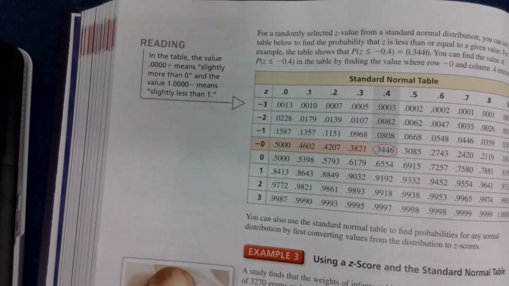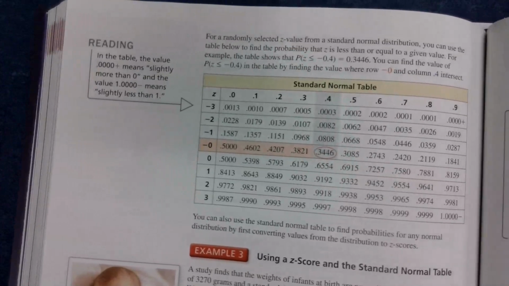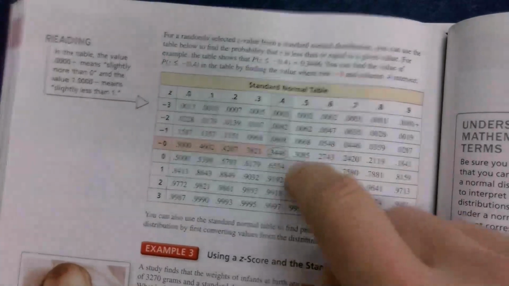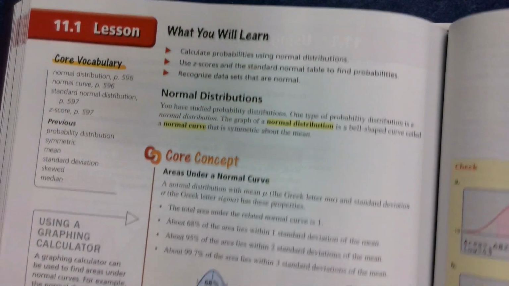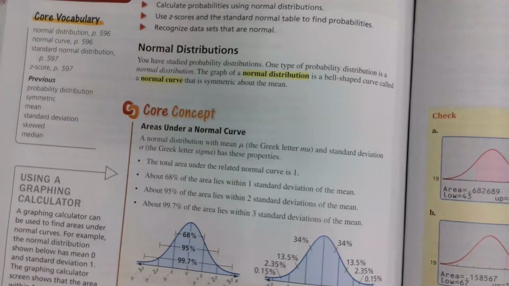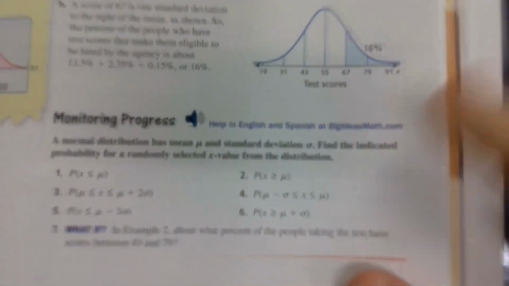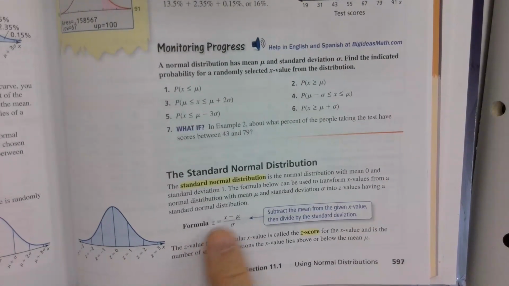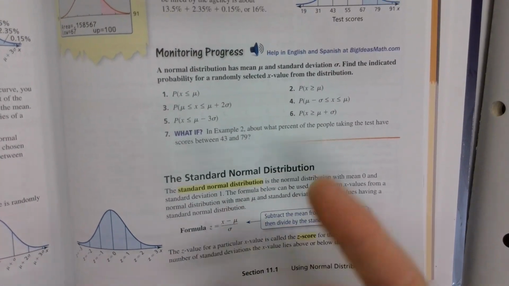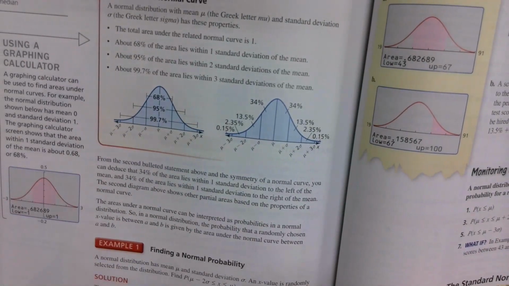Okay, this is called a standard normal chart, and you can see that it has z-scores, and it talks in your whole book about the same stuff that I just did. So I would read it, okay, right over here on the bottom of page 597, that talks about the standard normal distribution, the z-scores, x minus mu. Again, x bar I've used as a symbolism for that for a long time. So you can go either way with it.